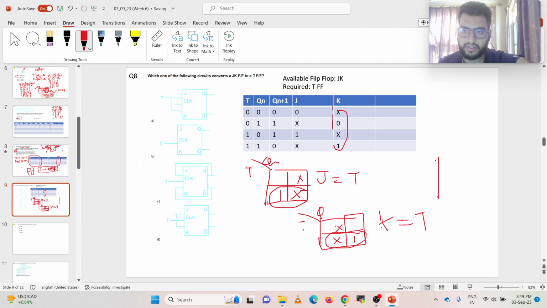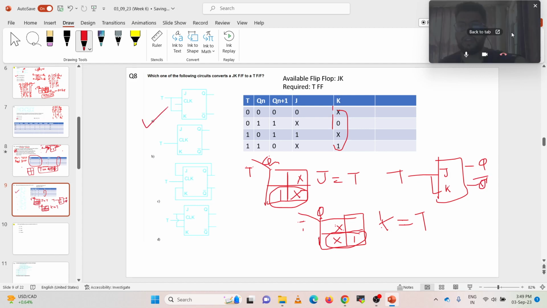And if you have to draw the circuit, these are your J and K. These two will be equal and they are connected to T. So this will convert the JK flip-flop to a T flip-flop. And this is your option number, I guess, A. Option A is your right answer. J equal to K equal to T will convert a JK flip-flop to a T flip-flop.